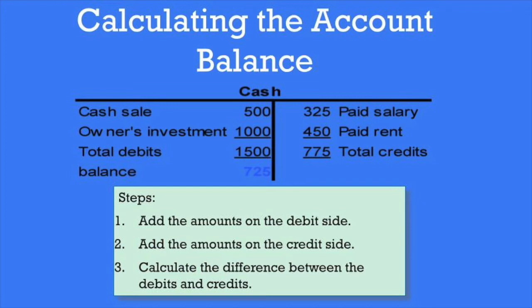So the difference between the money that came in, $1,500, and the money that went out, $775, was $725. So there's a positive balance in the account of $725. So it would get reflected on the debit side because it's an asset account, and that would be considered a debit in that case. In other words, there's $725 in the account.